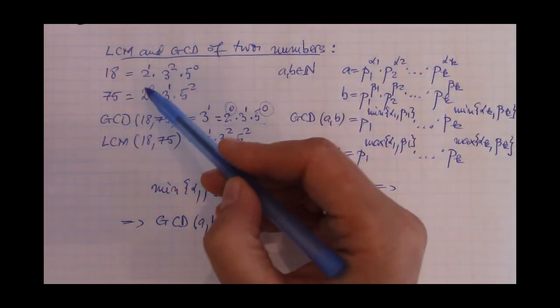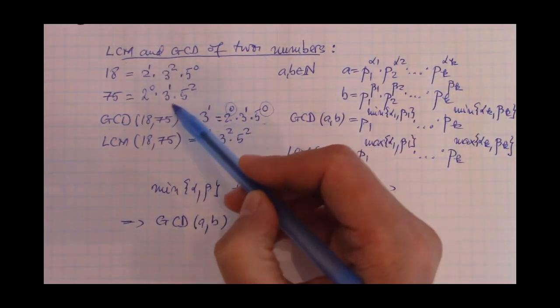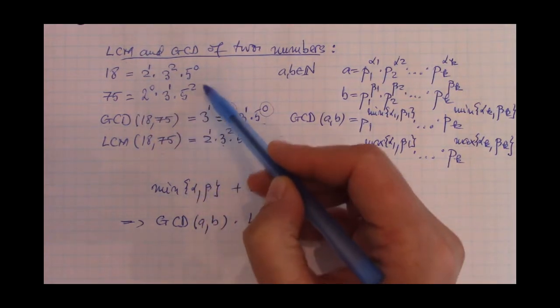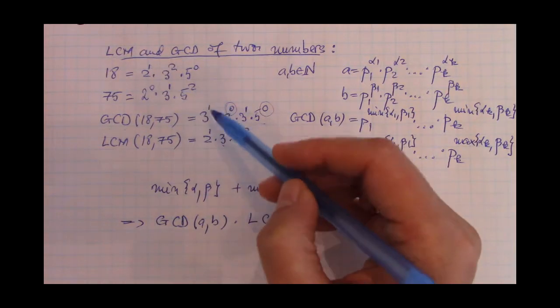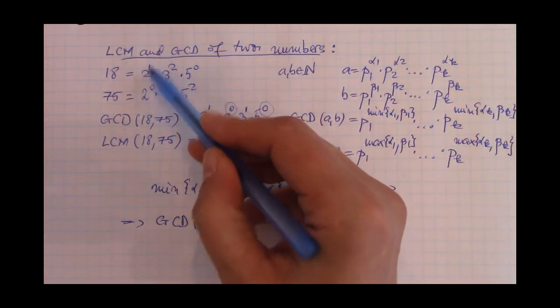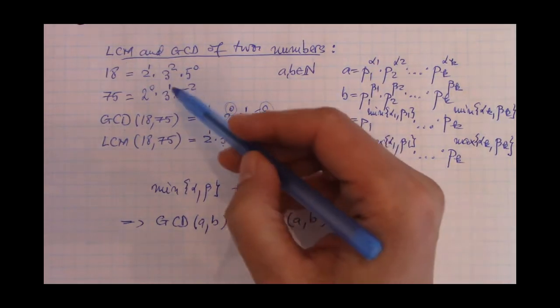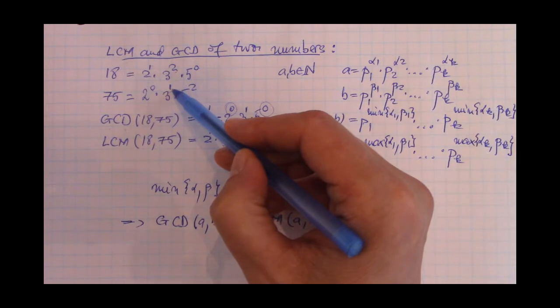Well, for the LCM, we can say, I'm going to take every single factor that we get in this way of writing our numbers to the largest of the two powers. All right, so 2 appears to the power of 1 here, to the power of 0 here, so we take 2 to the power of 1. 3 appears to the power of 2 in 18, to the power of 1 in 75.